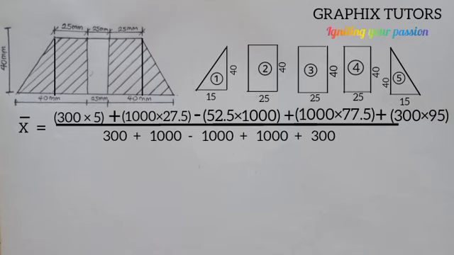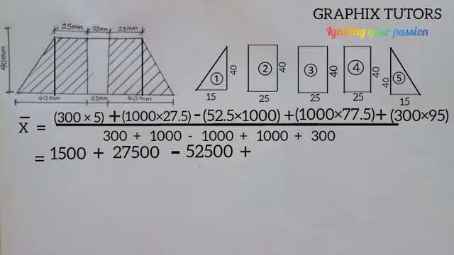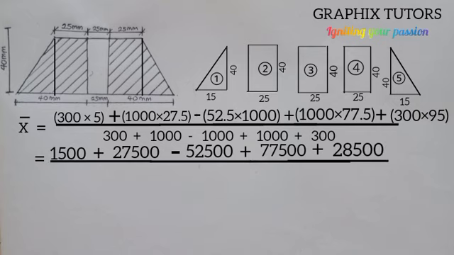So we'll say that my x bar, which is the center of gravity along x-axis, will be equal to 300 times 5 is 1500, plus 1000 times 27.5 is 27500, minus 1000 times 52.5 is 52500, plus 1000 times 77.5 is 77500, plus 300 times 95, and that will give me 28,500, all divided by 300 plus 1000 minus 1000 plus 1000 plus 300 will give us 1600.